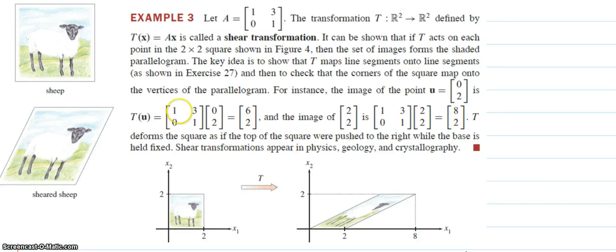They look at A times x here, and they get 6, 2. 0 times 1 plus 3 times 2 is 6, and then 0 times 0 plus 1 times 2 is 2. And the image of 2, 2 is going to be 8, 2. Let's check that. This row times 2, 2 would be the first entry, so that would be 2 plus 6.